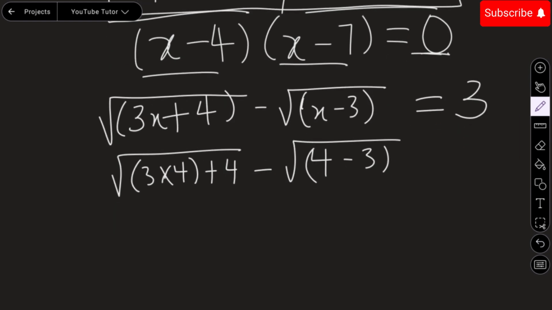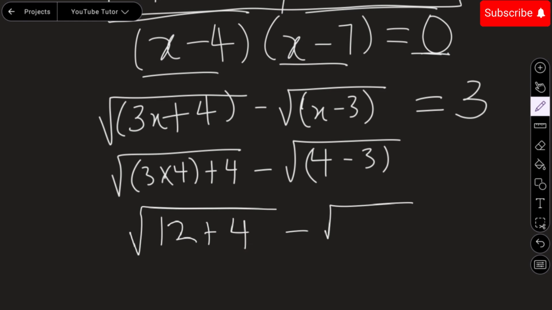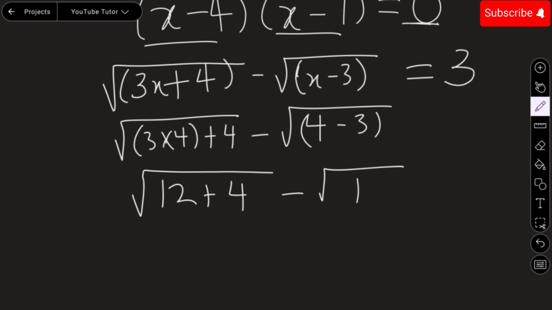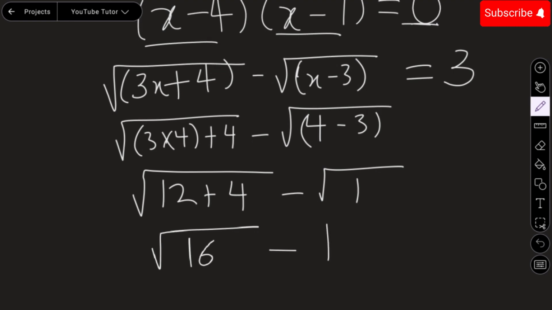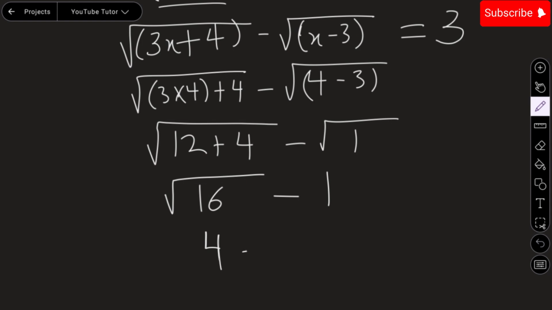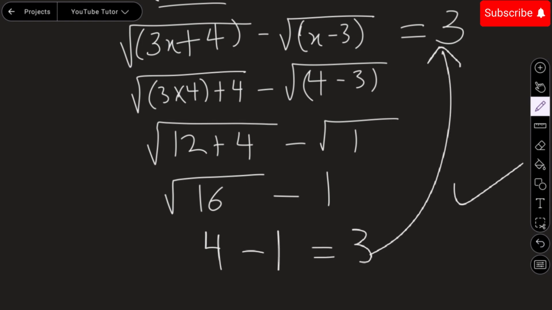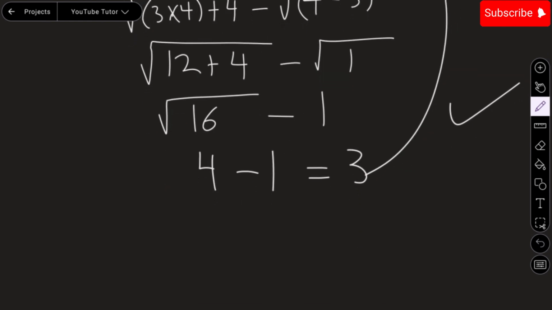And you just punch it into your calculator, or if you want to go the long way, 12 plus 4 minus root of 4 minus 3, which is 1. I thought 1 was wrong, but I think it's correct. So root of 16 minus root of 1 is just 1. Root of 16 is 4. So 4 minus 1 gives us 3. That basically shows that 4 is correct.